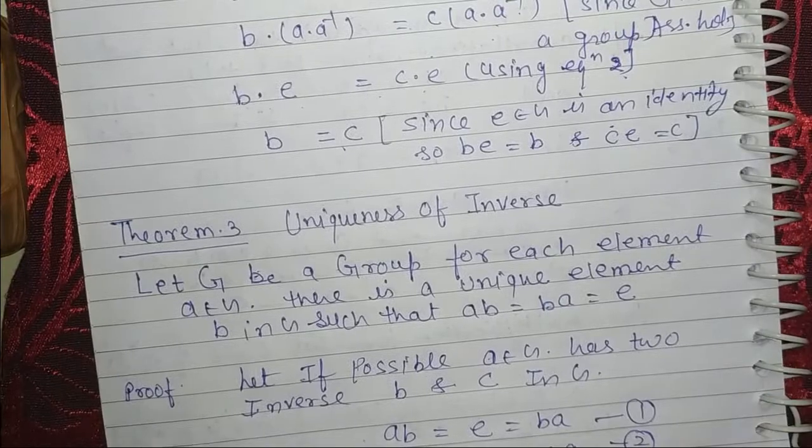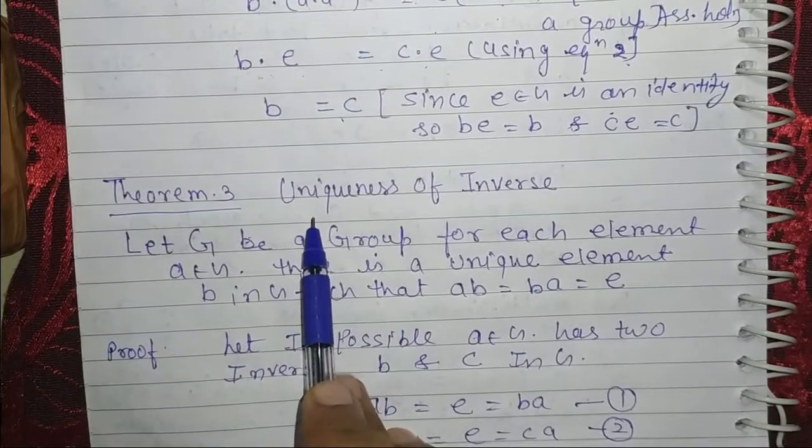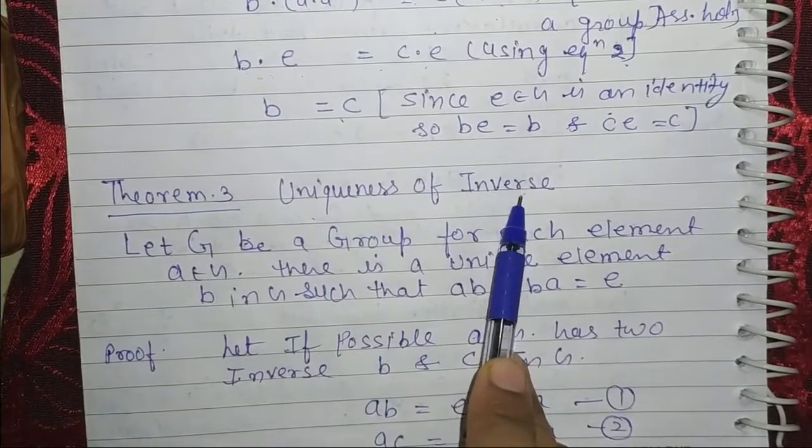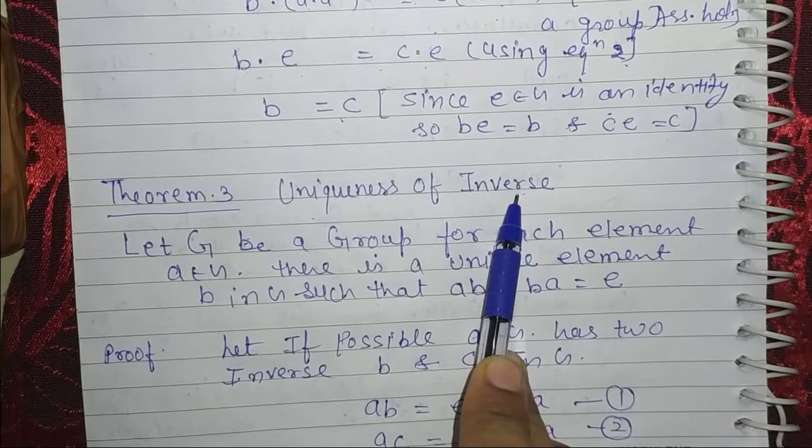One more result: uniqueness of inverse. In a group, the identity element and the inverse elements are unique.